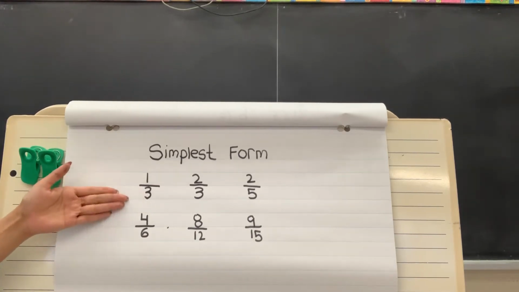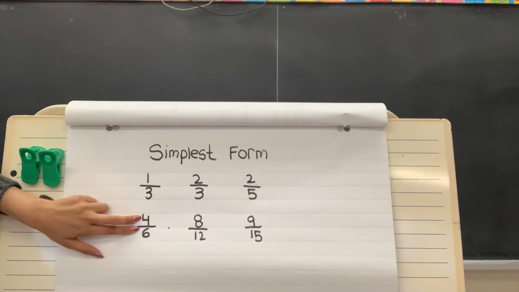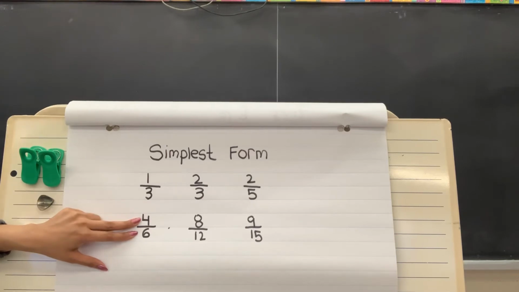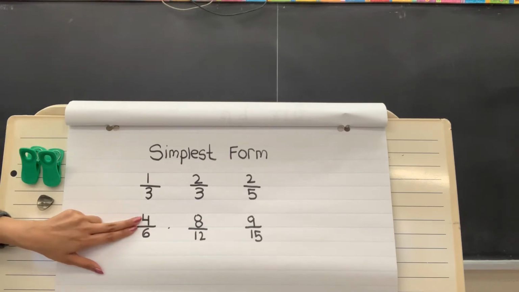Here we have an example, 4 and 6 are even numbers, that means this is not in its simplest form. That means we need to simplify it.